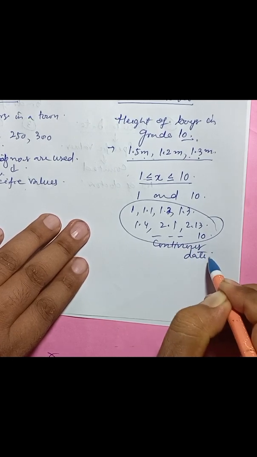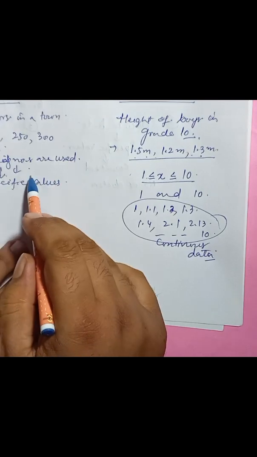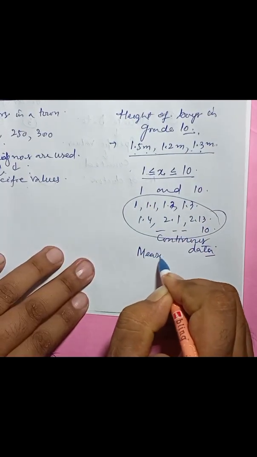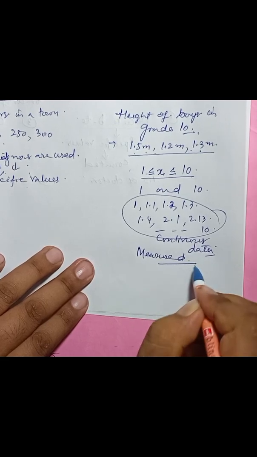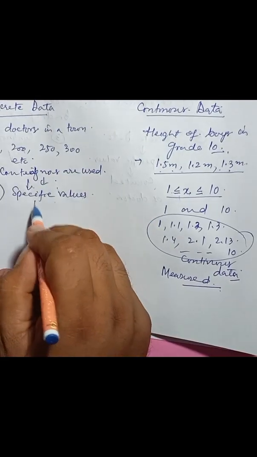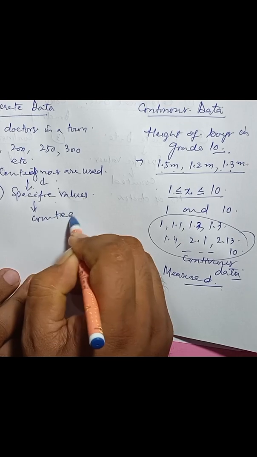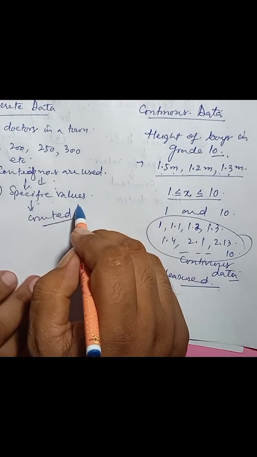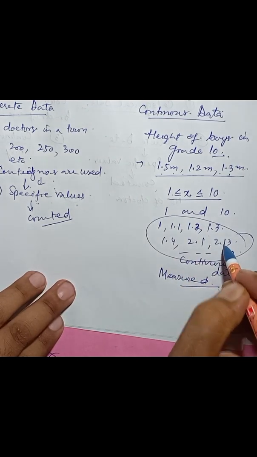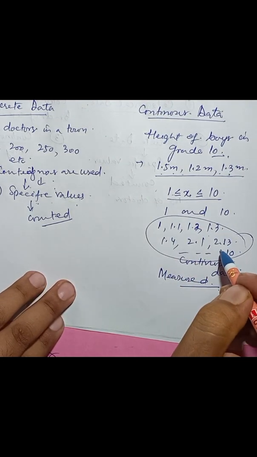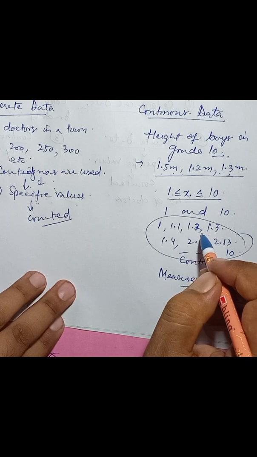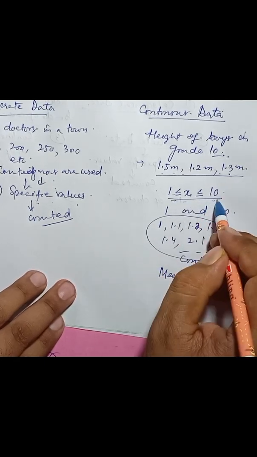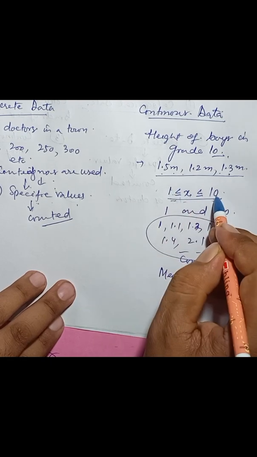So the main difference between the two is that continuous data can be measured, not counted, while discrete data can be counted and can have specific values only. Continuous data can have any value in the interval, here 1 to 10.